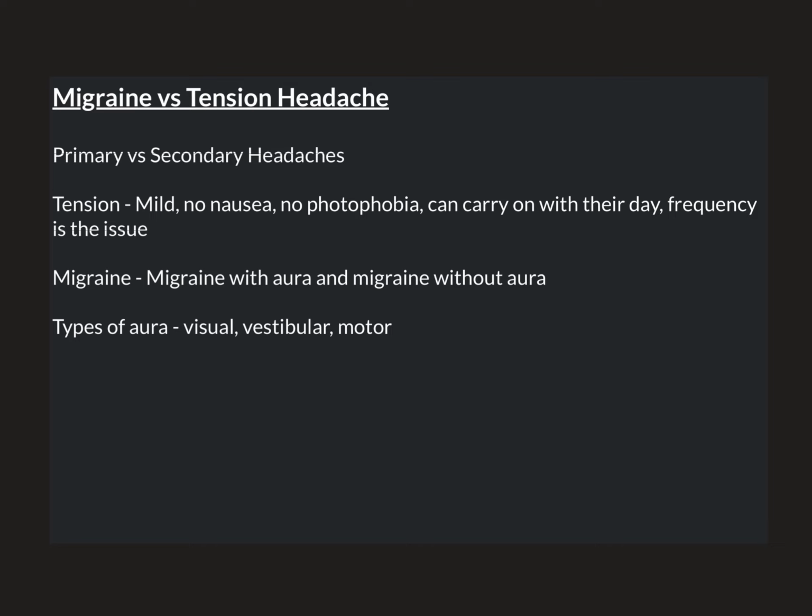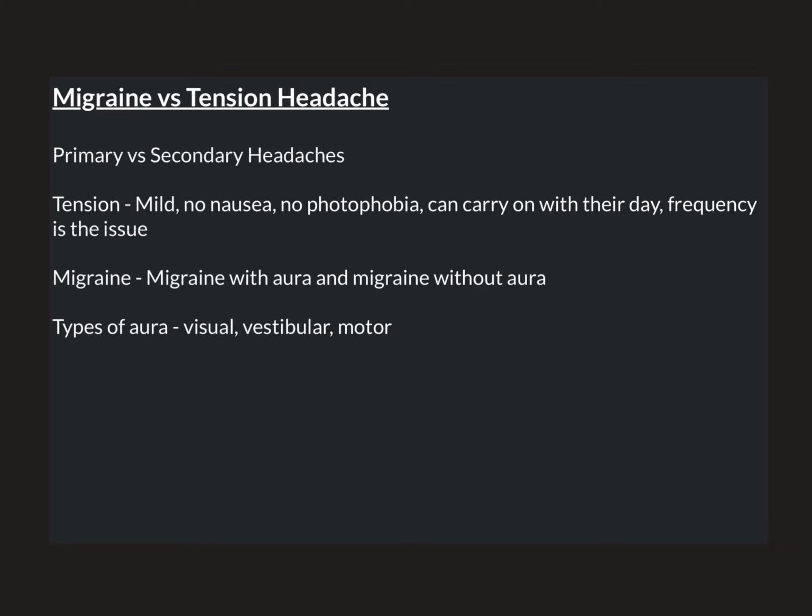So that's the sort of difference between these two conditions, tension headache versus migraine, and it is entirely based on the description that the patient gives you. As I say, there is no objective test that you can do to prove one way or the other. It's based on the description.